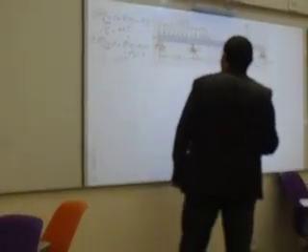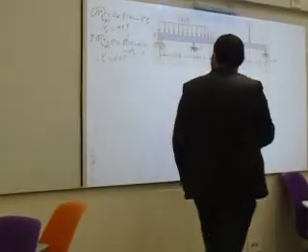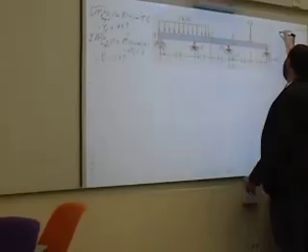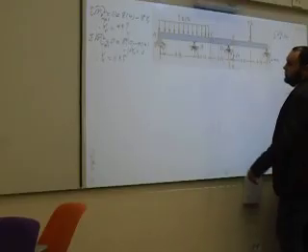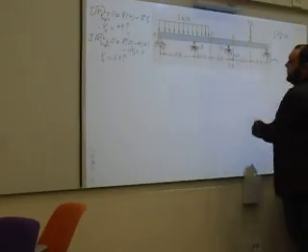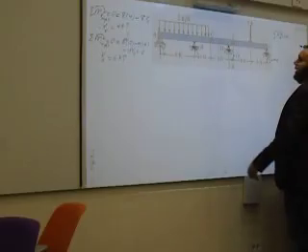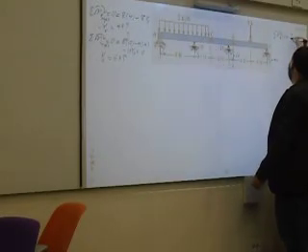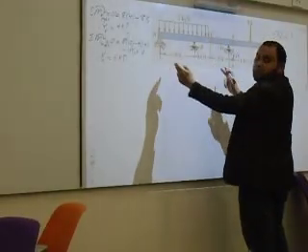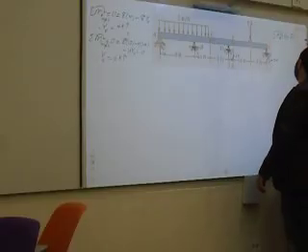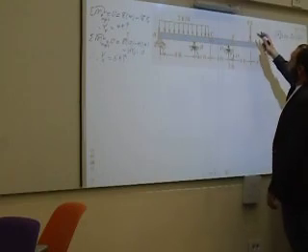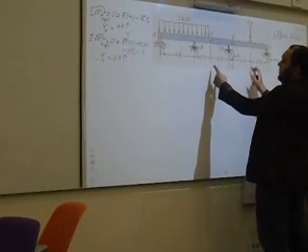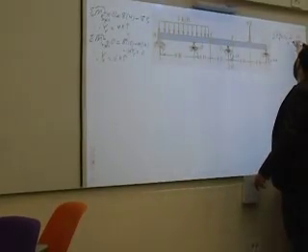Sorry. Now I can take the moment globally for the whole thing at A. So sigma moment about A equals 0. So that means YB. I got this one, I got that one, I got YB now. So I'll have this load, the 2 kips per feet, times the distance, which is 12, times the centroid, which is 6. And I have my load 8, and this distance is 10 plus 12, this is 22, plus 8 times 22.